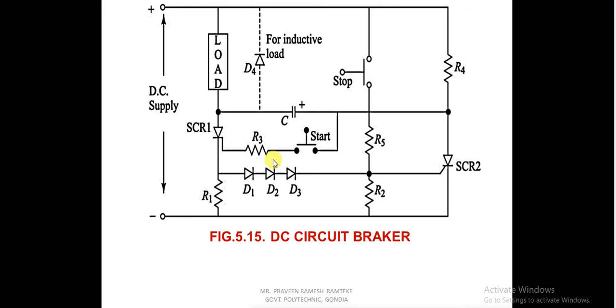The circuit has two SCRs, SCR1, SCR2. We have push button switches to start and stop the operation. We have three diodes, diode D1, D2, D3. We have four resistors, resistor R1, which is connected to the cathode of SCR1.